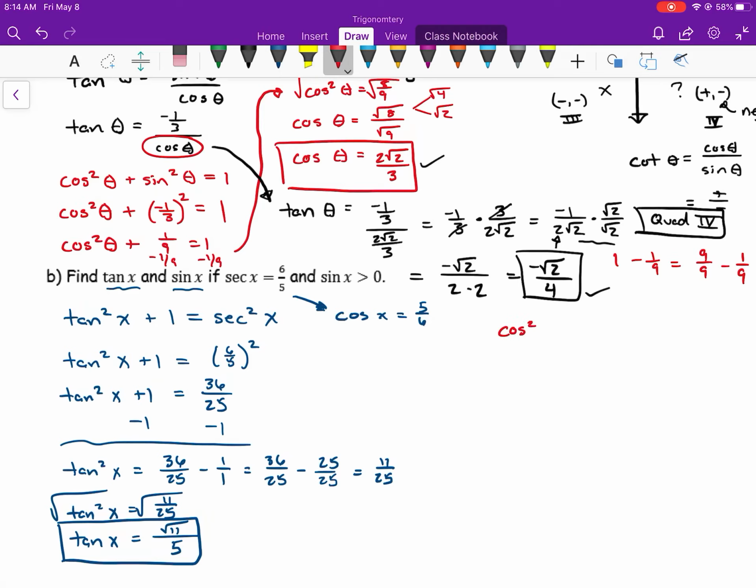Cosine squared of x plus sine squared of x equals 1. Plug in what I know: 5/6 squared plus sine squared of x equals 1, which is 25 over 36.